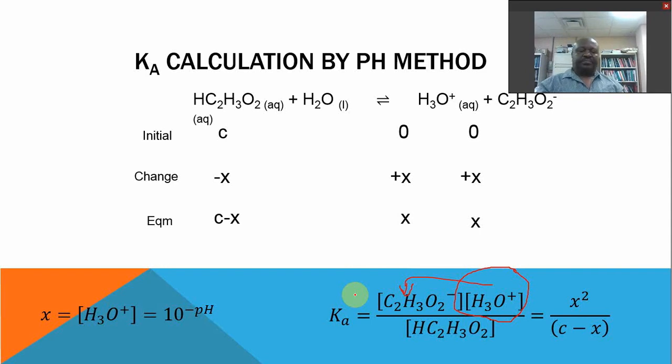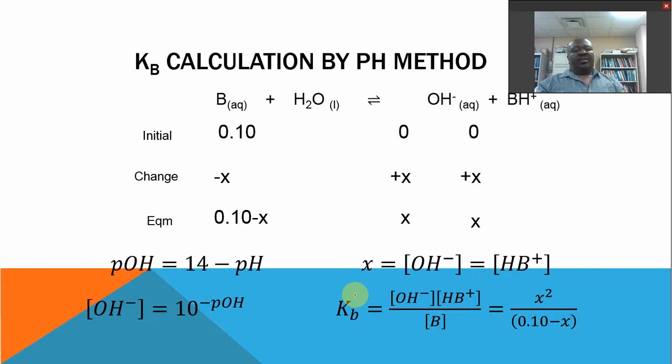All right, base. Base hydrolysis. There is a reaction that creates OH minus on the other side. Same thing: initial, change, equilibrium, ICE table. You end up with this expression. The only difference here is that X is OH minus.